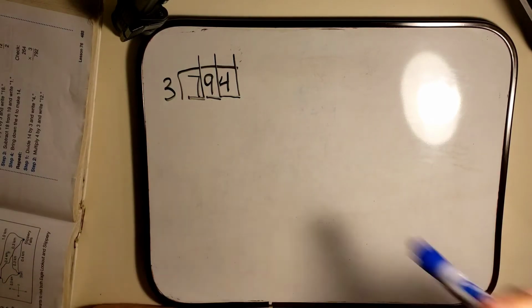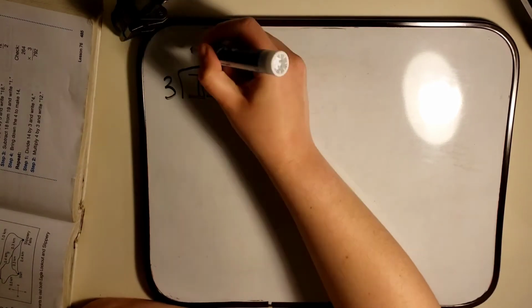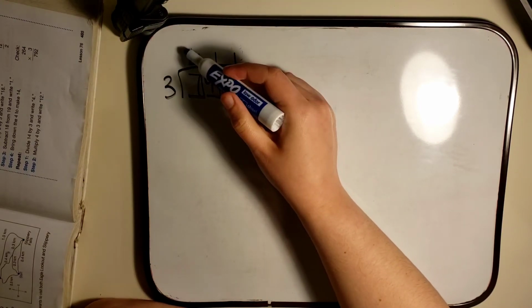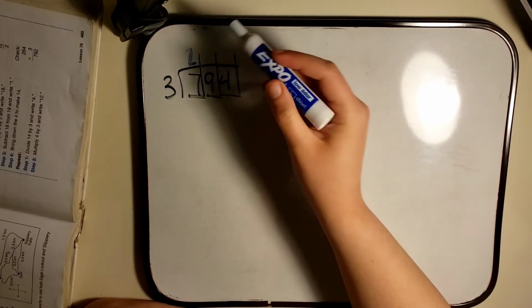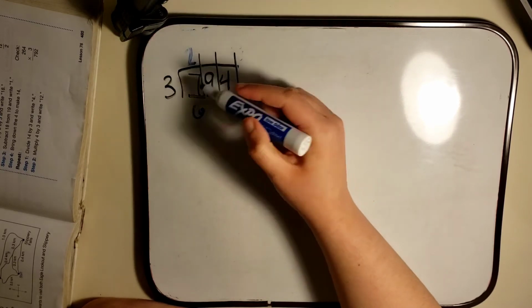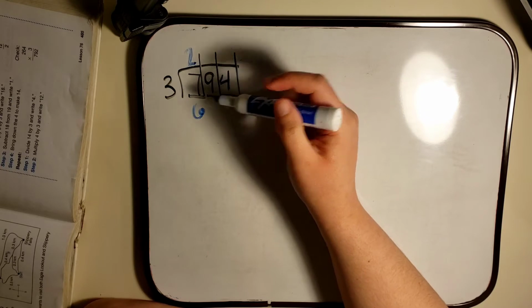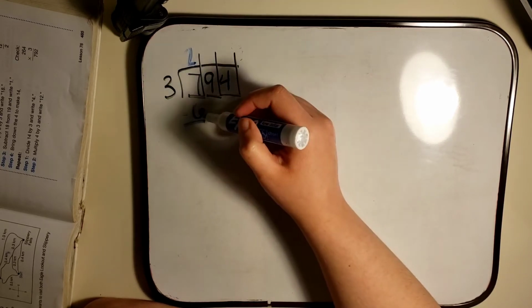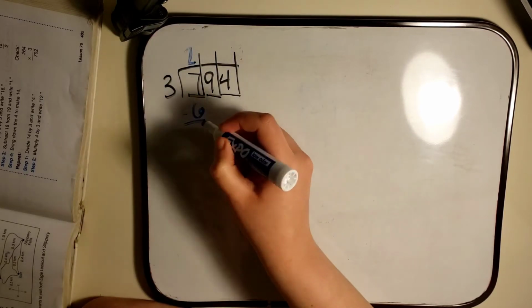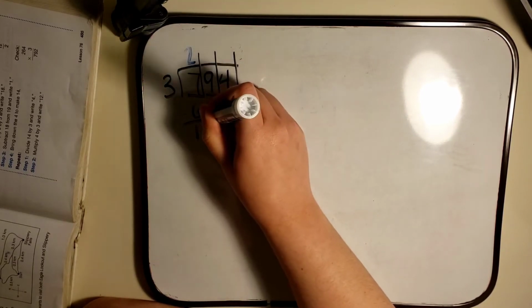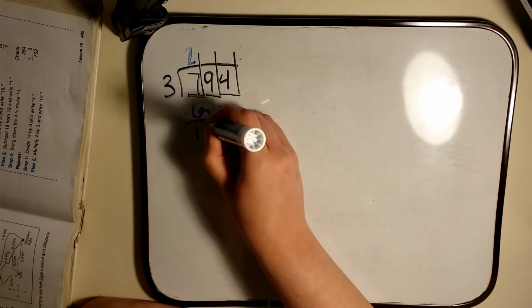So 3 goes into 7 2 times. 3 times 2 equals 6. Then we subtract. 6 subtracted from 7 is 1. Then we bring down our 9.